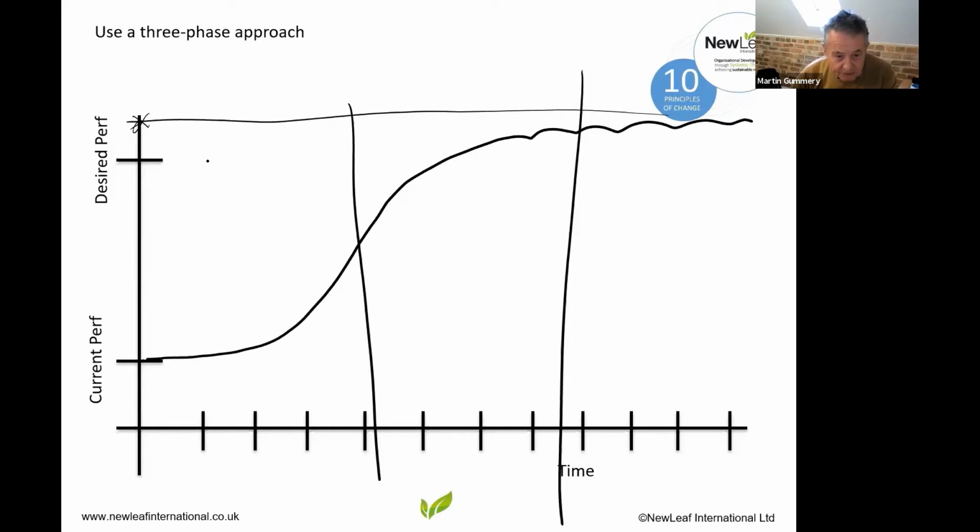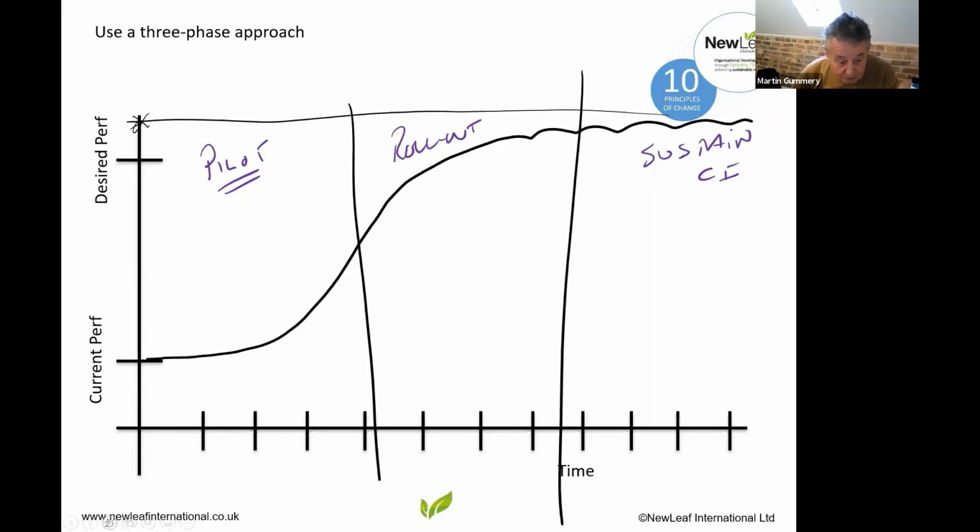So the first step is to have a pilot phase, and that's critical. The next one is rollout, and the third one is sustainability and continuous improvement.